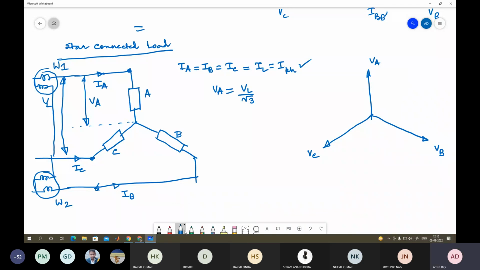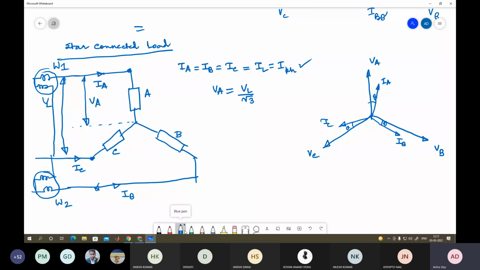Okay, so this is your phase current IA, IB, because your wattmeter current coil is measuring your line current only, and your line current is equal to phase current. So this is theta, this is theta, this is theta.